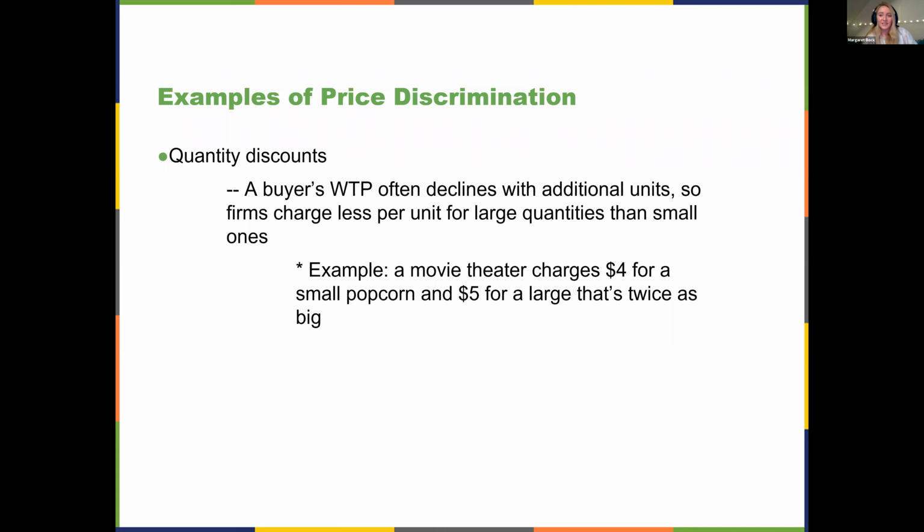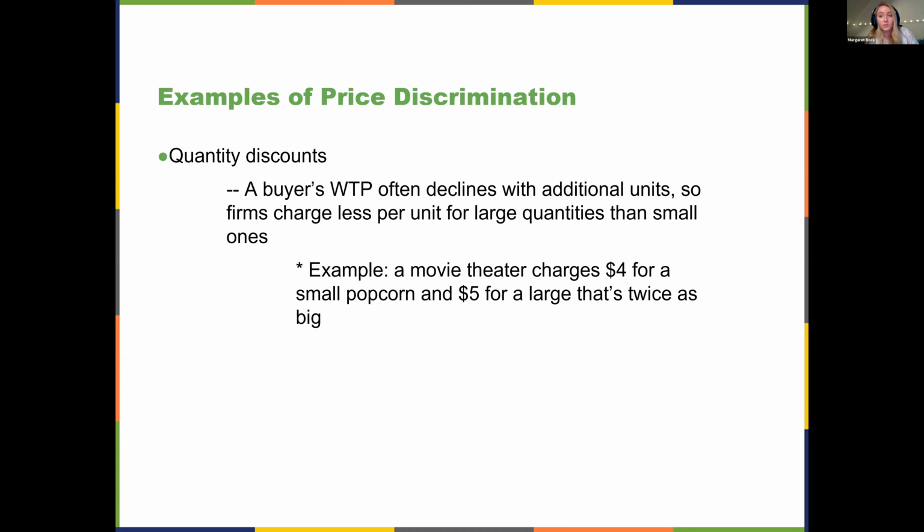And then another example, and this will be the example that I end this video with, is quantity discounts. A buyer's willingness to pay often declines with additional units, so firms charge less per unit for large quantities than small ones. This is basically just buying in bulk.